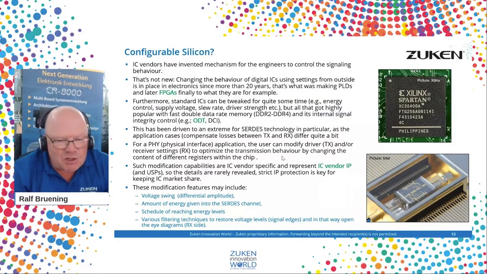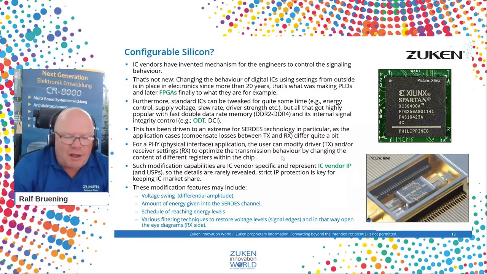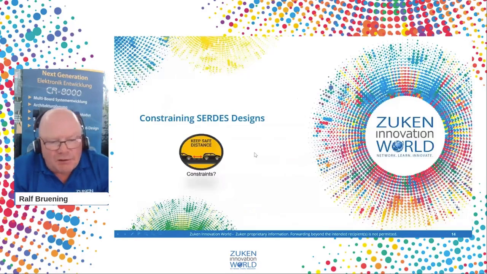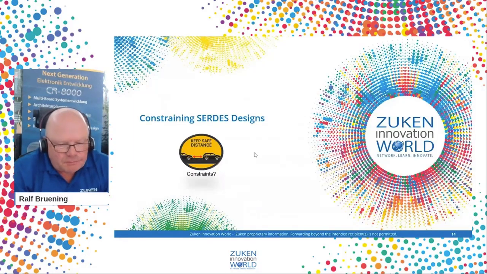So these modifications do include the voltage swing, the amplitude of the differential signal, the amount of energy, the schedule when different logic levels are reached, and also techniques to restore the voltages at the receiver side. And this is typically IP, which is not disclosed by the IC vendors.